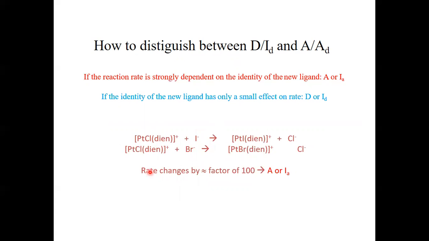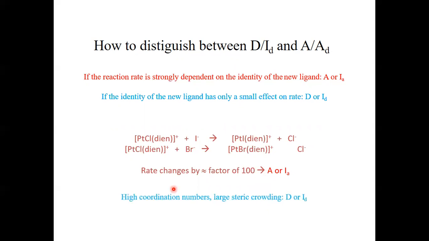So in this case, we see that the rate changes by a factor of 100, and that indicates that we have an associative mechanism or an IA mechanism, because we first need to go energetically strongly uphill to add the new ligand, and therefore it strongly depends on the ligand how much we have to go uphill to form that intermediate.